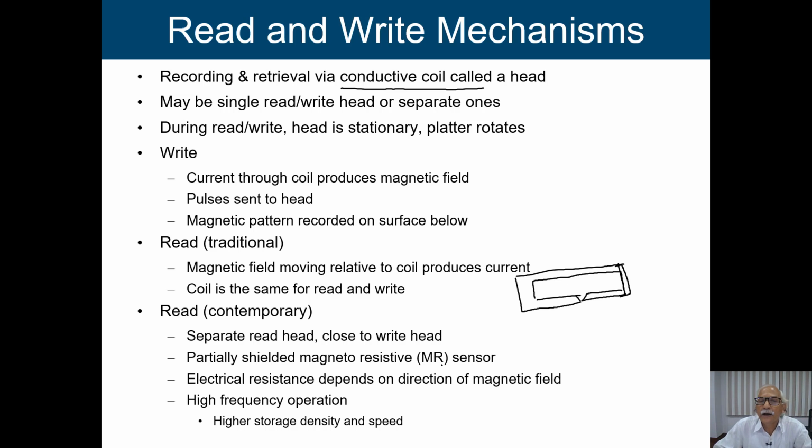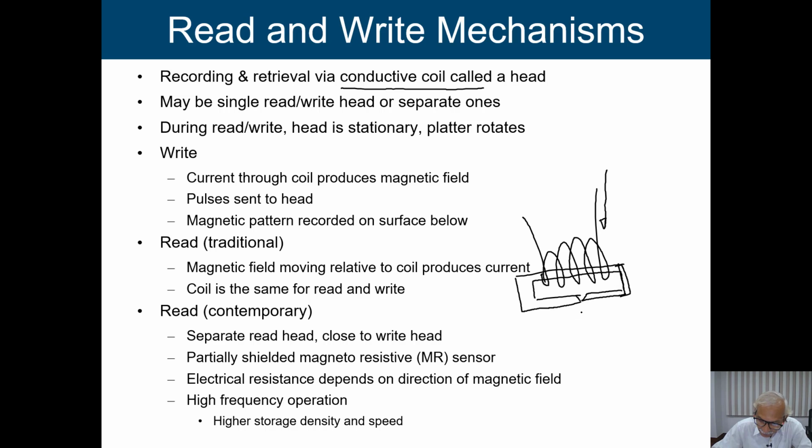So this is the yoke, and here we have a coil. Now in this particular case, what will happen? I think you know about the electromagnet. If we pass current through this particular coil, then what will happen?